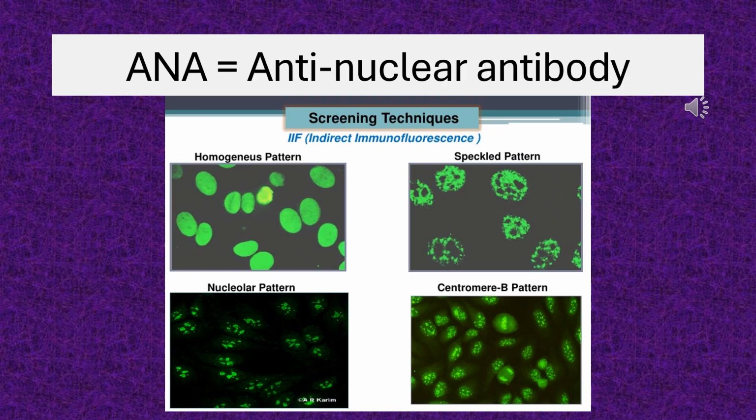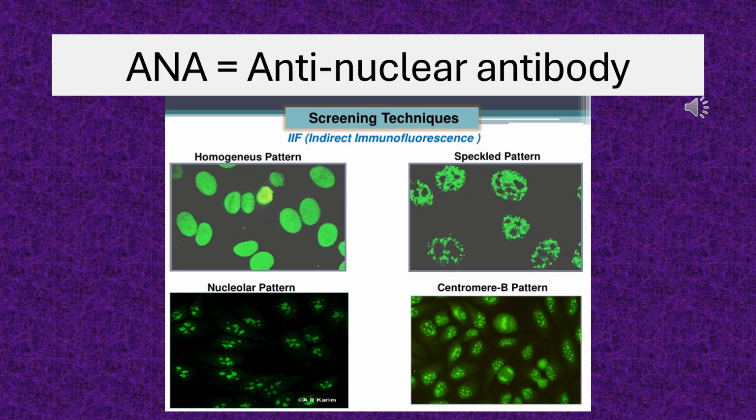So that would be a 1 to 160, 1 to 320, 1 to 640, 1 to 1280, 1 to 2560. So the higher the dilution, the implication is that there's a higher percentage or number of those autoantibodies that are still present in order to show up positive on the immunofluorescence.